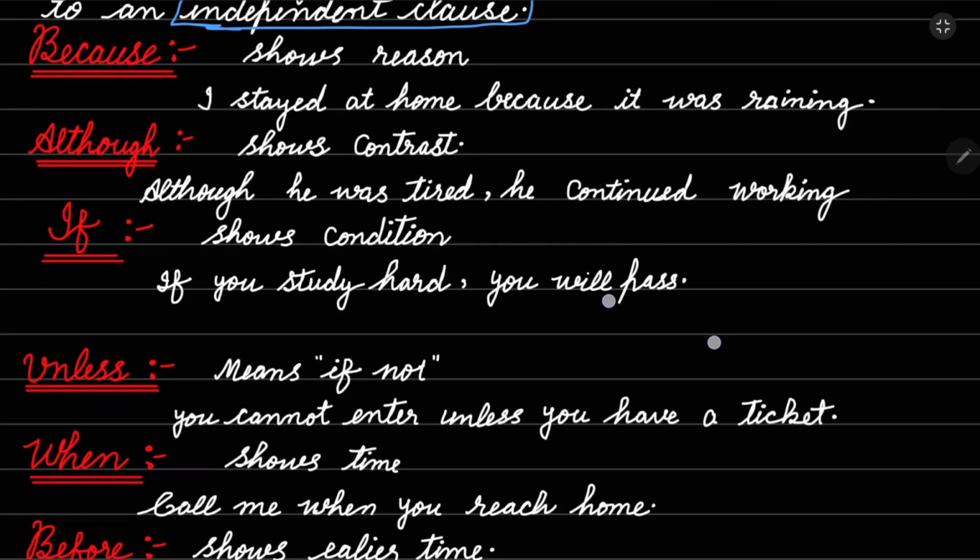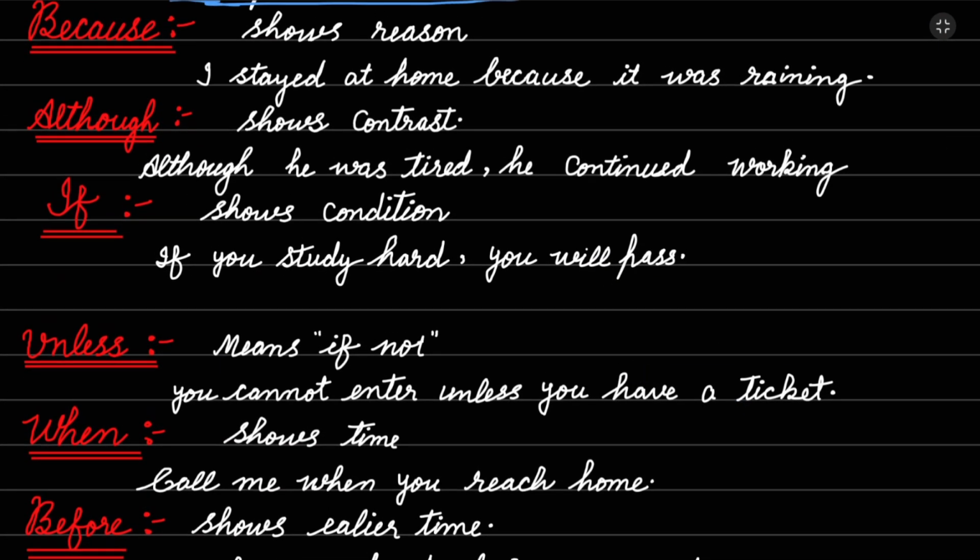Now these are the subordinating conjunctions. Number one is because. Because shows reason. For example, I stayed at home because it was raining. I stayed at home. Why? Because it was raining.